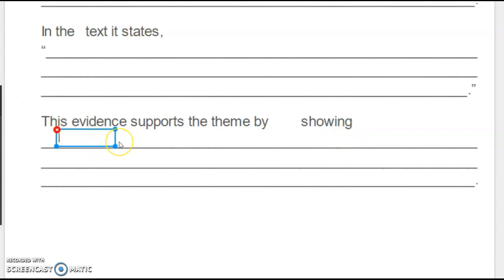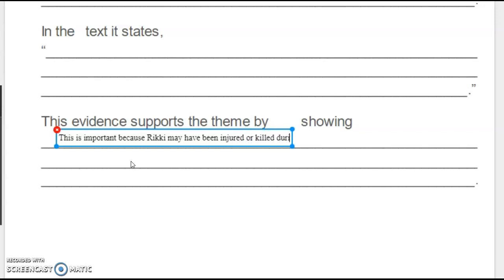This is your analysis, folks. This is, why does it matter? Why does that quote matter? So I'm going to take the quote that I just showed you about Nagaina. This is important because, remember, that's our sentence frames, but you can use this one, that's fine. This is important because Rikki may have been injured or killed during this encounter.